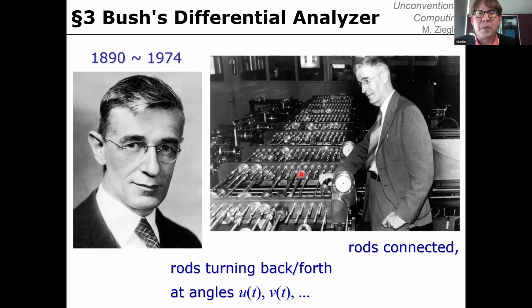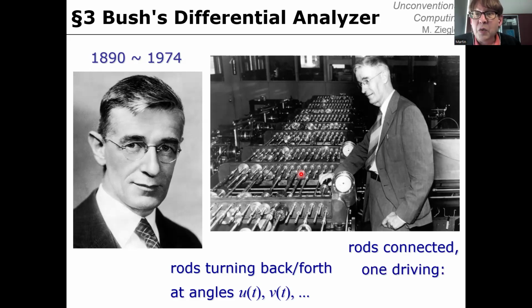And these rods can be connected. That's kind of the programming. You could choose some of these rods and connect them. And there's one designated rod driving the entire machine. This is kind of like the engine, and the others then follow according to the gears which connect them to the one driving rod.